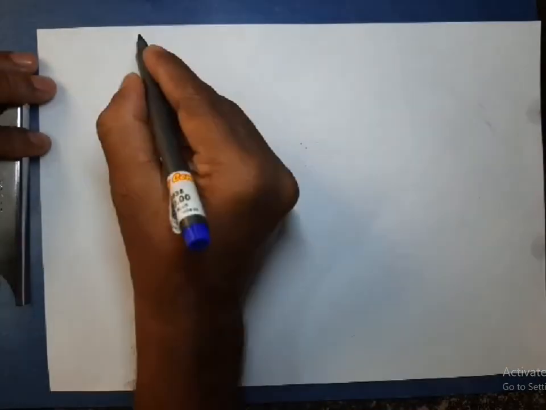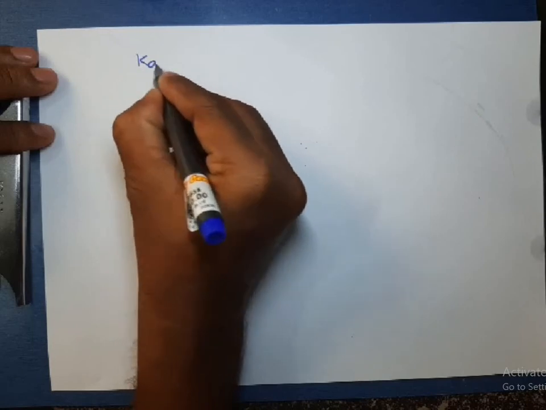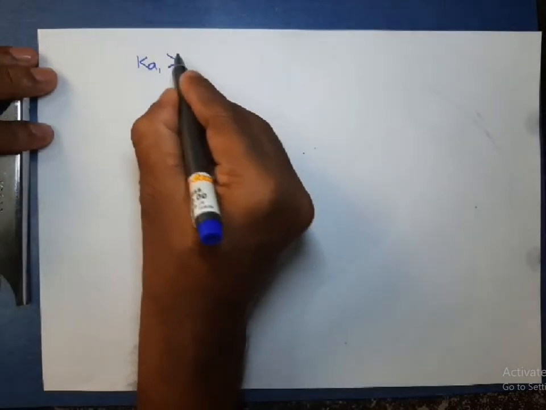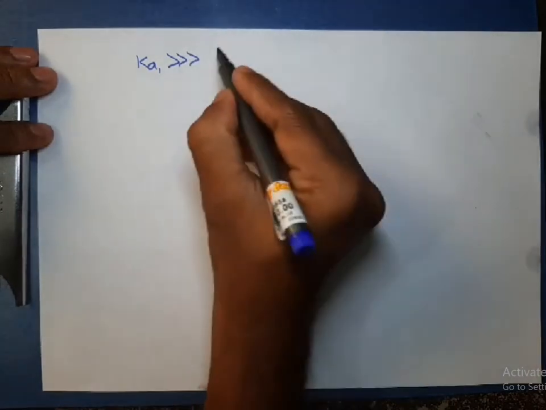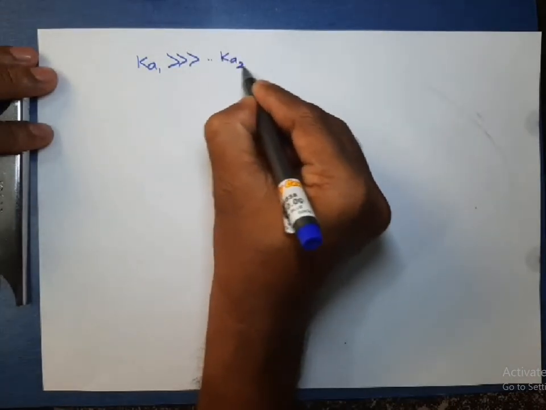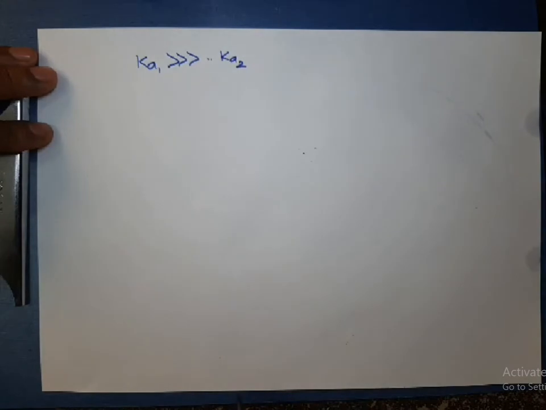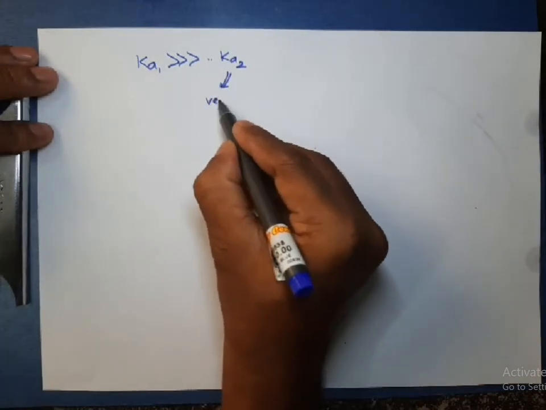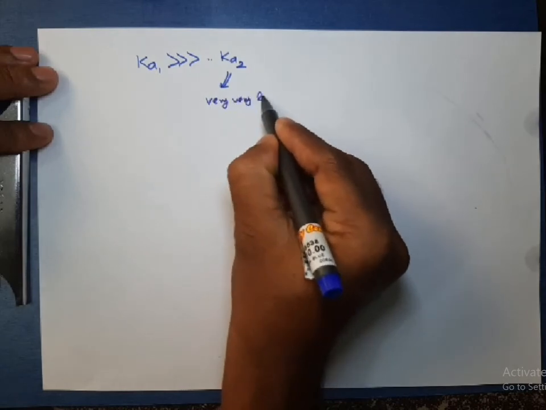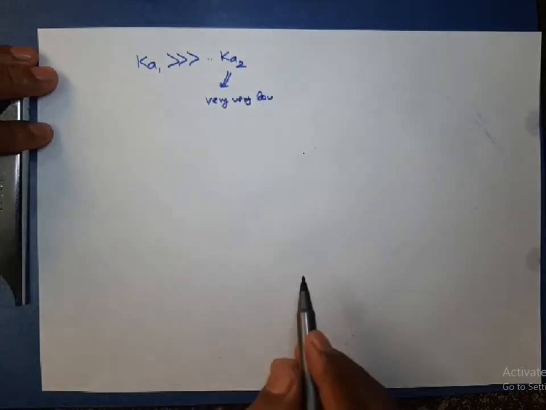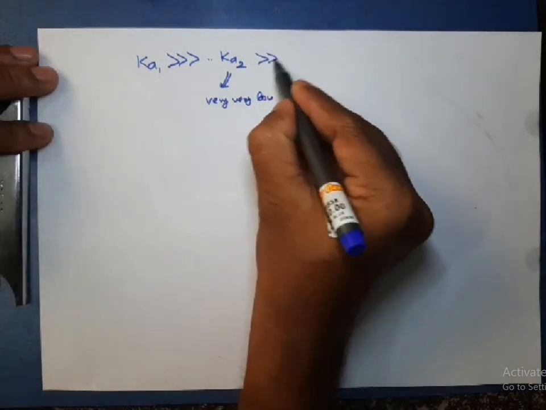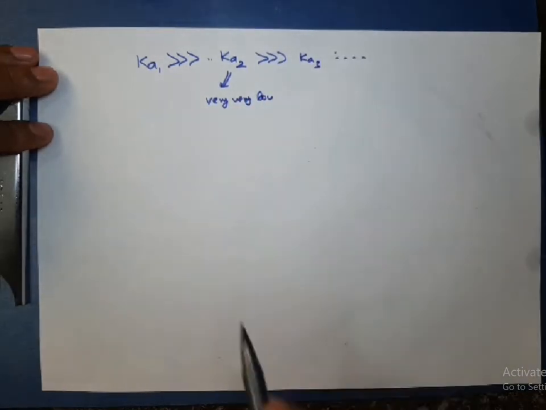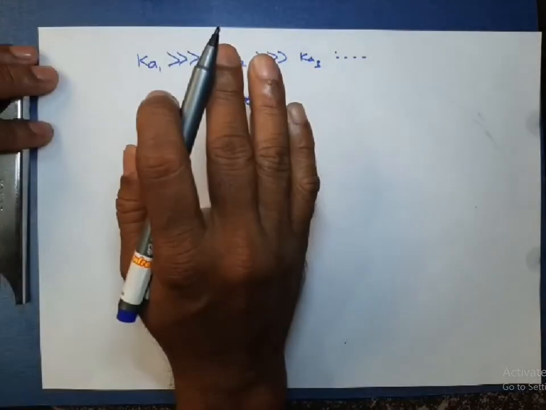That means the ionization constant for the second step is very low, negligibly low. Then the next one is still very low. Like that it goes.